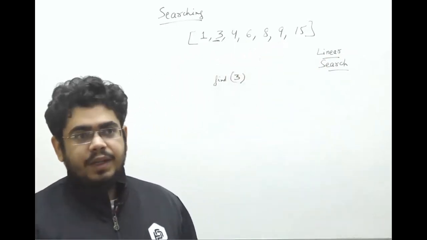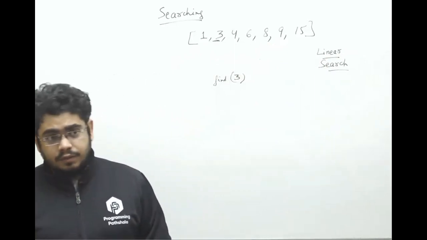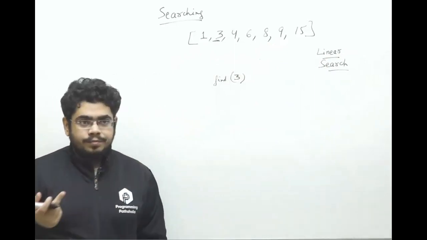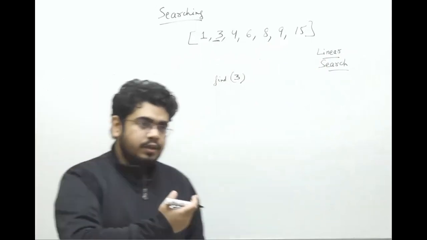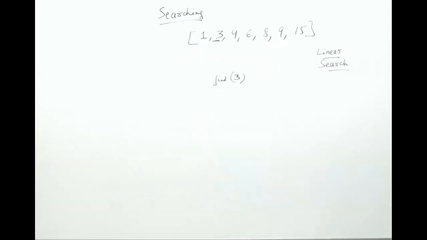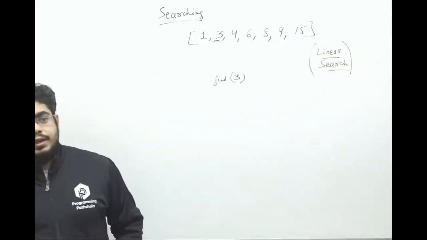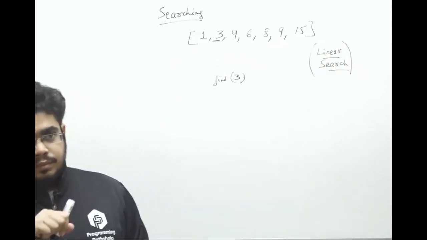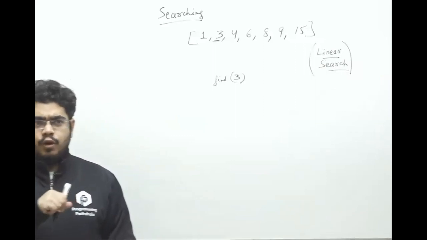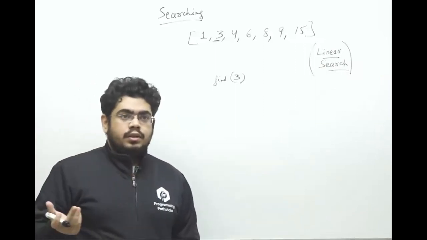If it is, we'll print yes. Otherwise, if we reach the end, we'll print no. I hope everyone can implement this for loop of linear search. Will you all be able to implement this? Can I get a yes? A simple for loop, checking if it's 3 and printing.